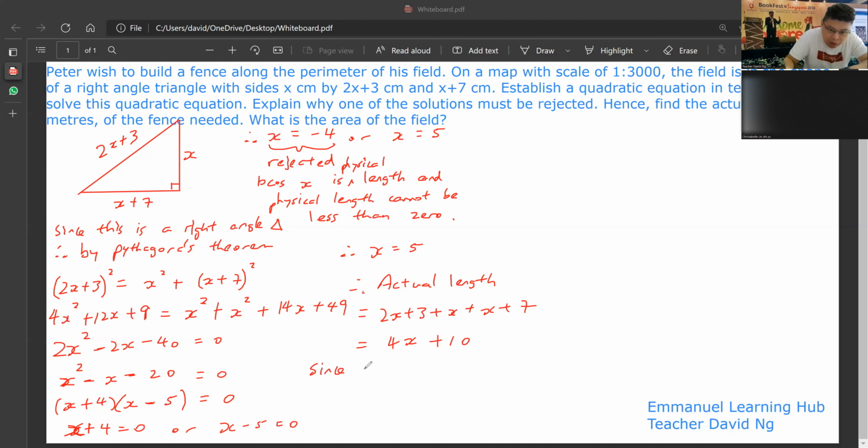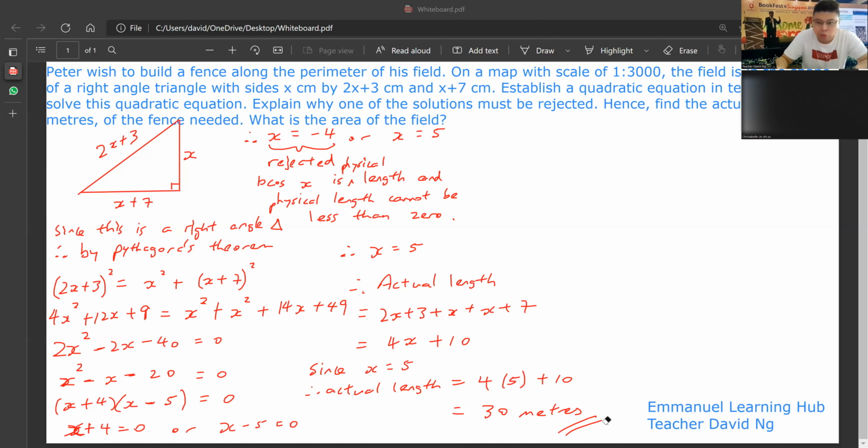Since x is 5, the actual length equals 4 bracket 5 plus 10. 4 times 5 is 20, 20 plus 10 is 30. Okay, 30.